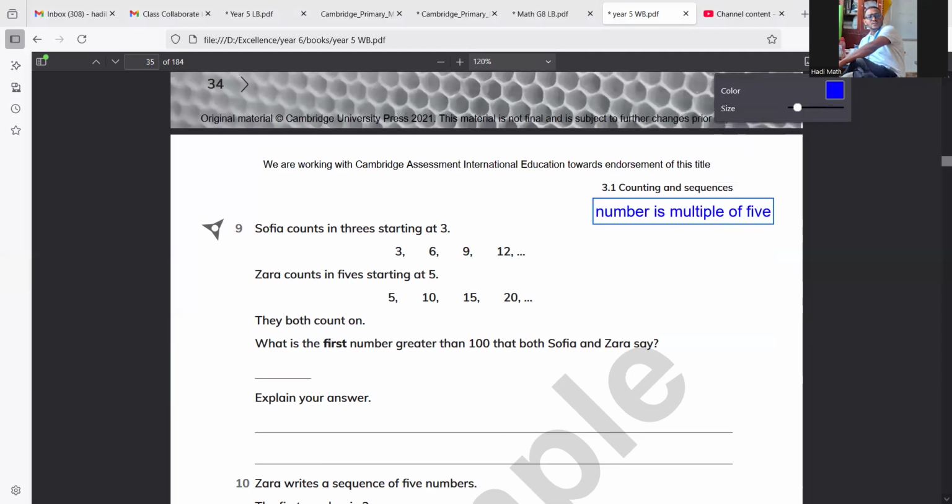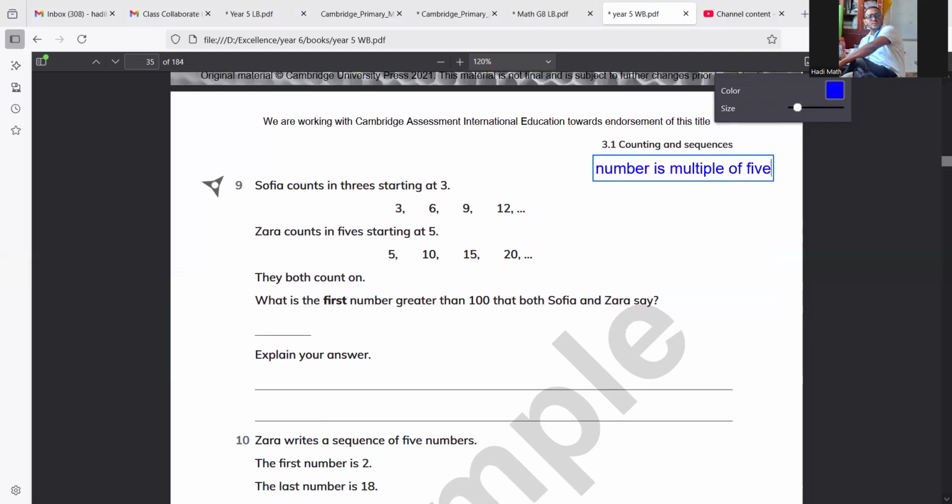How do we know a number is a multiple of 5? A number is a multiple of 5 if its last digit is 5 or 0. This is the first thing that you need to understand.